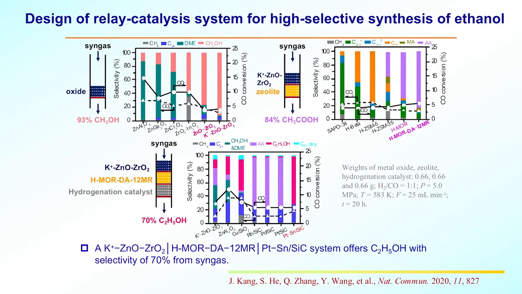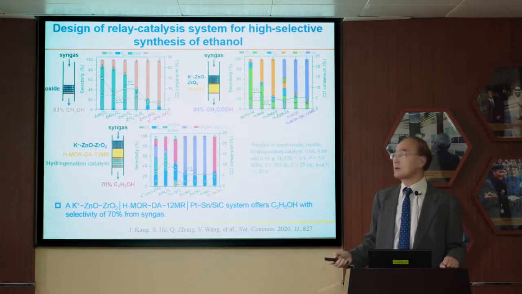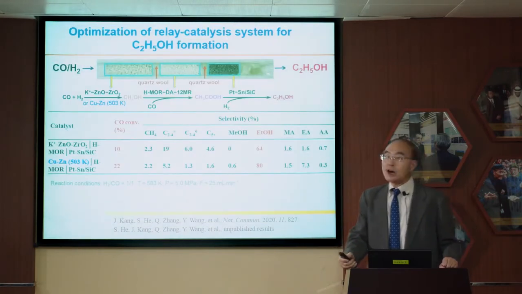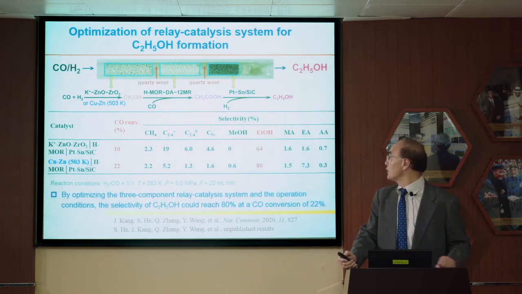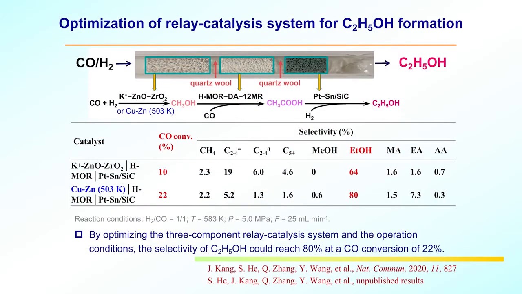A further addition of a hydrogenation catalyst, that is platinum-tin loaded on silicon carbide, offered ethanol with a selectivity of 70%. By optimizing the three-component relay catalysis system and operation conditions, the selectivity of ethanol could reach 80% at a CO conversion of 22%.